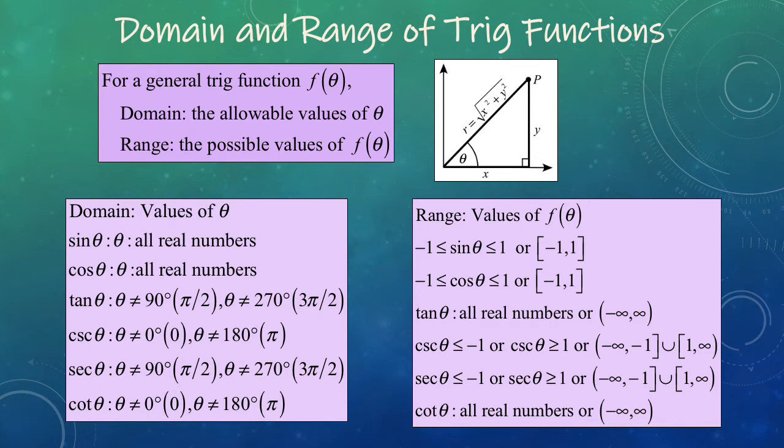And for the range, for sine and cosine, note that you will always get answers between -1 and 1 inclusive, while for tangent, you can get any answer. Any number between -infinity and infinity is okay for taking the tangent of any value theta.